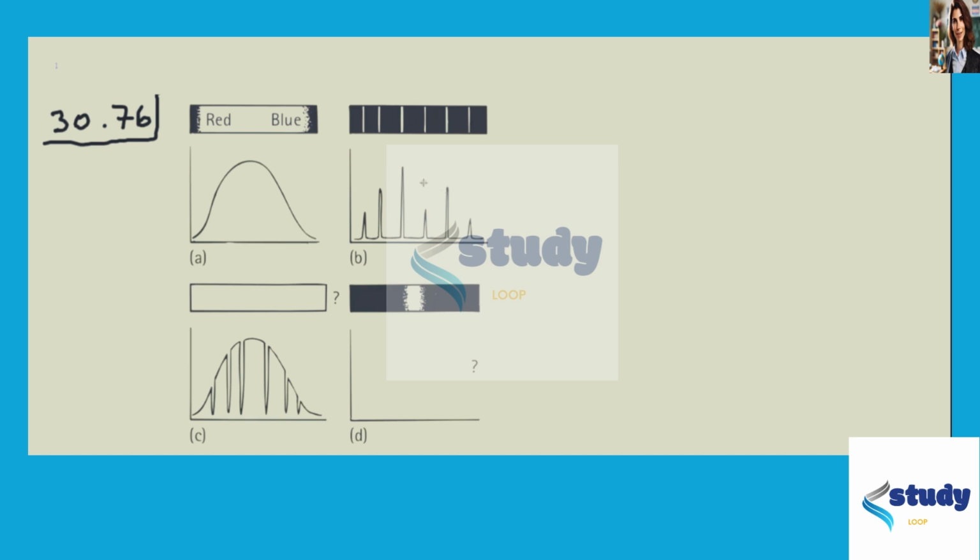So if the emission spectrum has dark spots, or is dark except for lines that occur where the frequency of light corresponds to an energy transition in the atom, then when it's absorbing, it has the exact same energies, but it's going to have basically black and white reversed in this part.